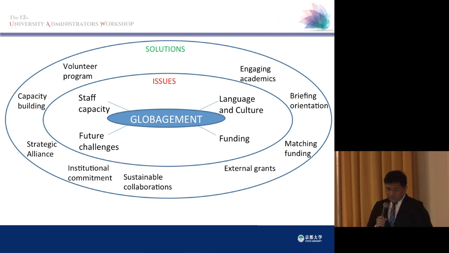So to further promote our programs or further improve everything about internationalization, we need institutional commitment. We need the support from the higher ups so that we can further implement our programs and offer them to a wider variety of audiences.